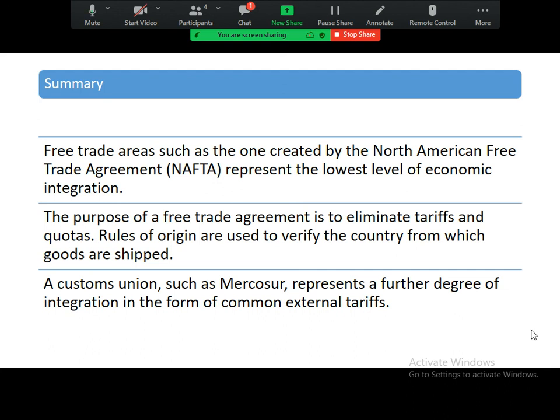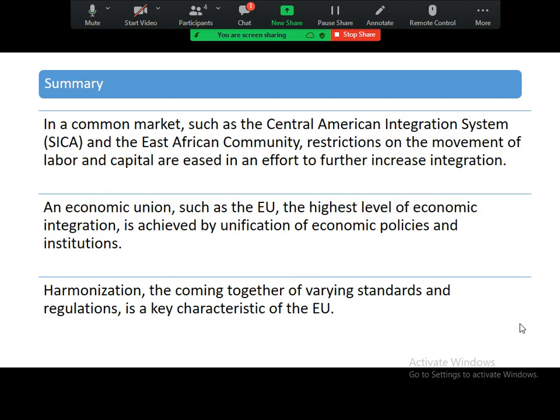The customs union, such as Mercosur, represents a further degree of integration in the form of common external tariffs. In a common market, such as the Central American Integration System, that is SICA, and the East African Community, restrictions on the movement of labor and capital are eased in an effort to further increase integration.